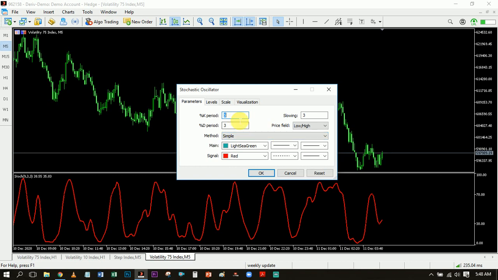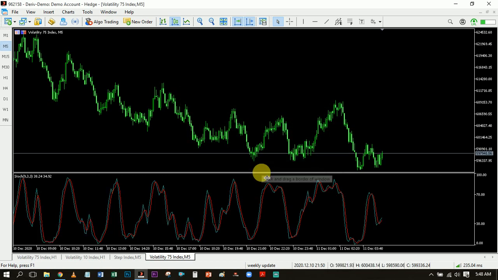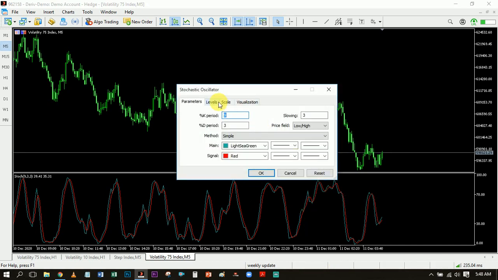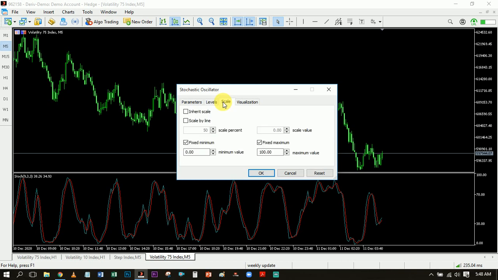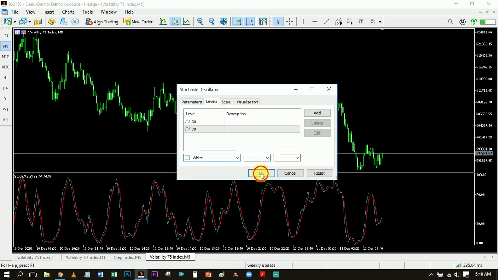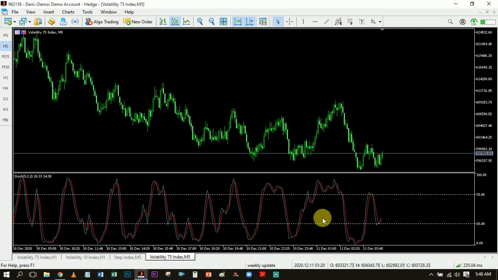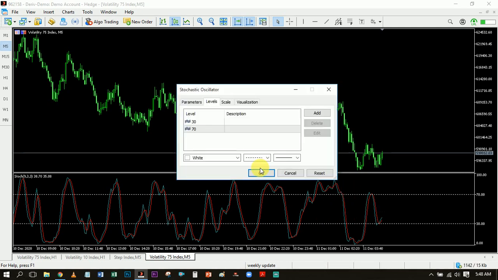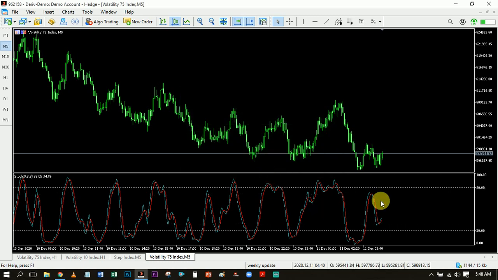Let's make this line, and our scale and levels white too. Alright, I think we're good to go.